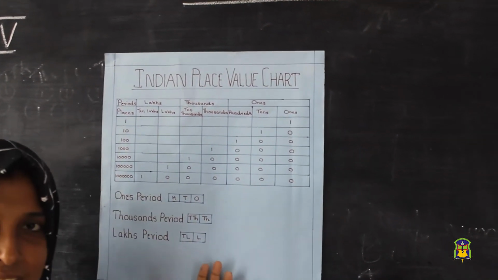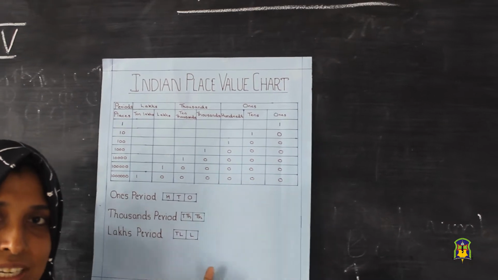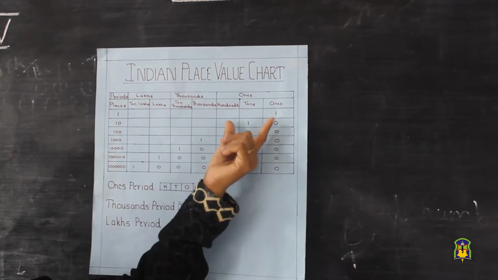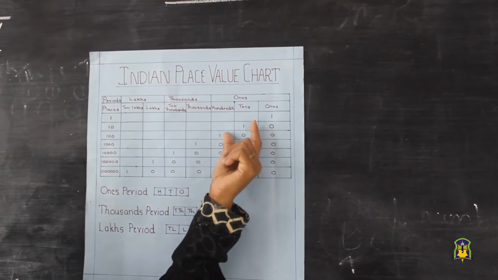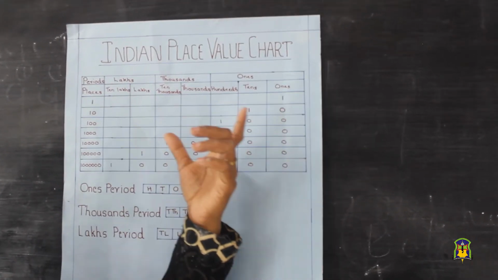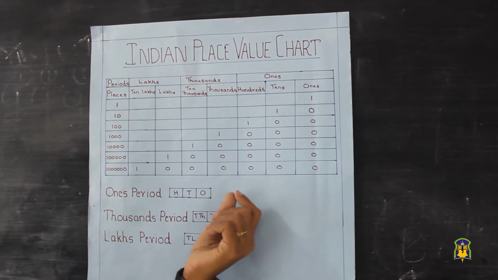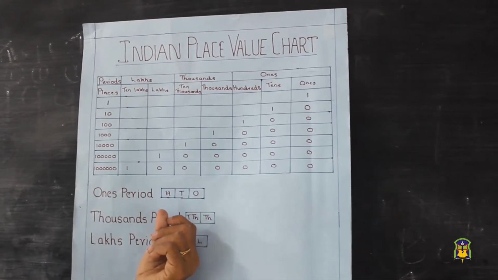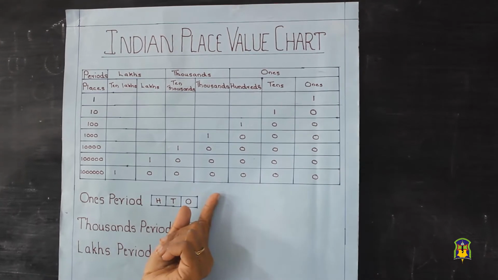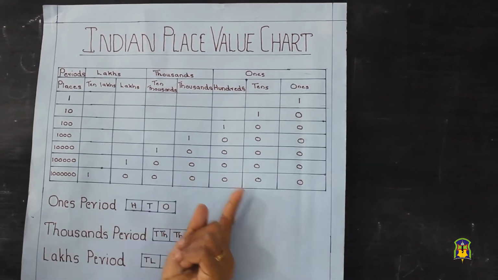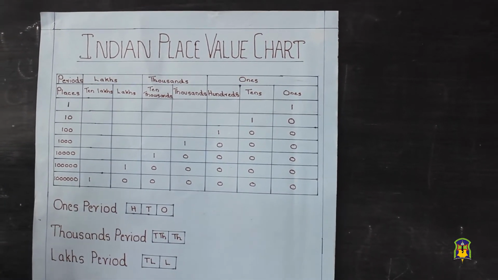While reading and writing numbers, the digits in the same period we read together, and we also say the name of the period, except for the ones period.